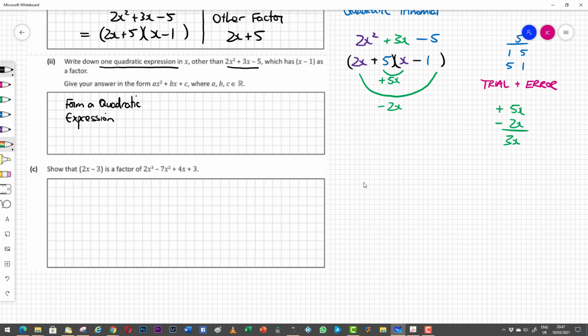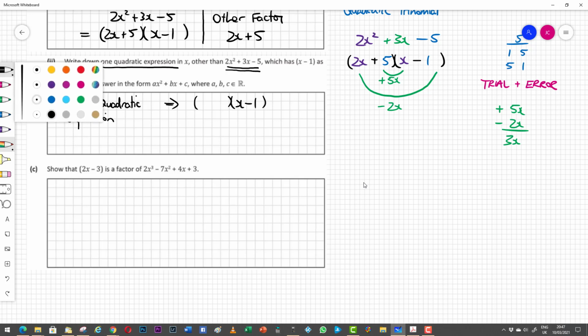All they want is us to multiply two factors together and come up with a quadratic expression. But one of the factors they're asking to be x minus 1. The only answer we can't have is 2x plus 5 in the first bracket, because that would give us the 2x squared plus 3x minus 5. So we can come up with anything else.